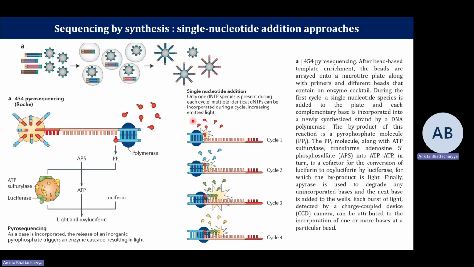The byproduct of this reaction is a PPi molecule. Polymerase here is shown in blue, and as a result of incorporation of the base, pyrophosphate is released, and this molecule, along with ATP sulfurylase, transforms APS into ATP.